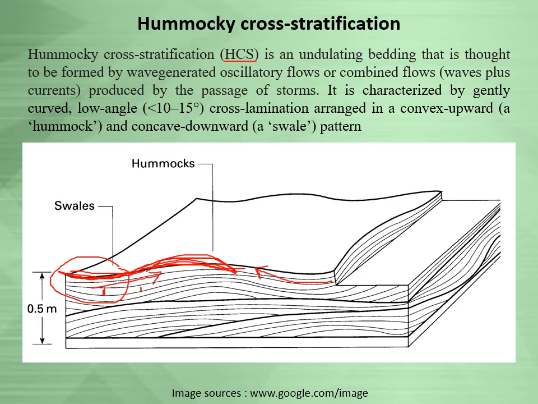So all the depressed portions from the swell portions, they are dragged towards the hummock portion, and that is why the heap of sediments or bulging of sediments occurs here. But it is not so simple. It's a complex process. Basically, it is a combined process formed due to wave, current, and storm activity.